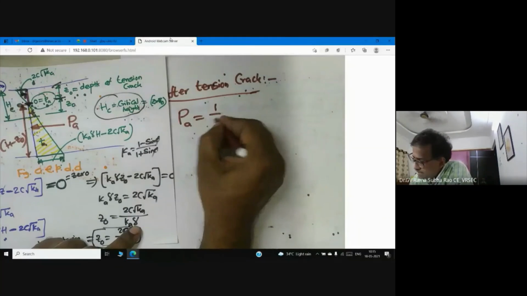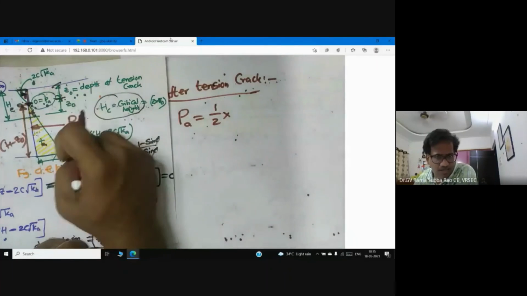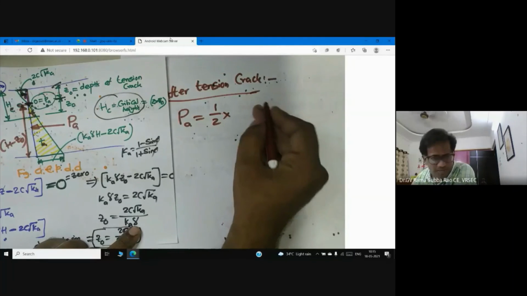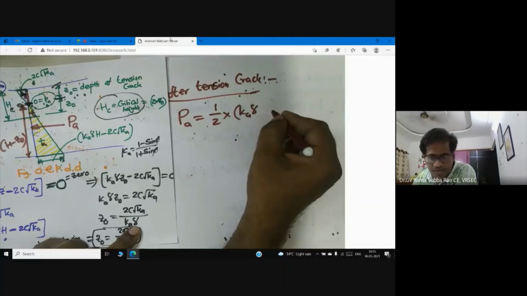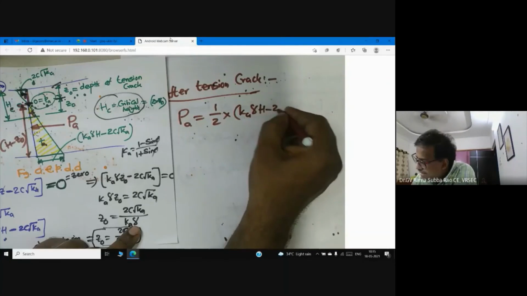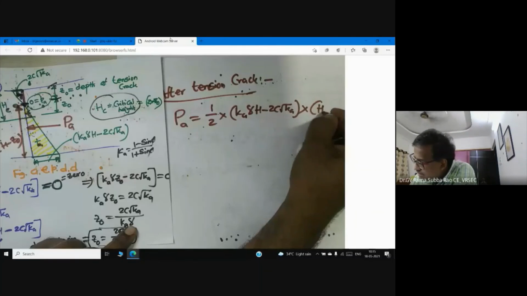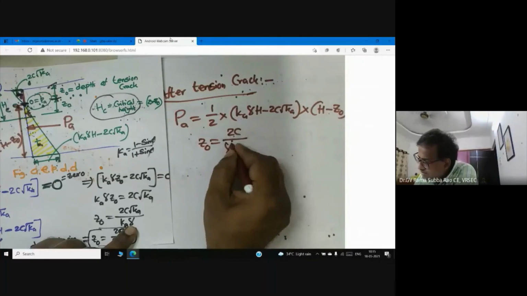This is a right angle triangle. The area of the right angle triangle is half of base into height. Now base is Ka gamma h minus 2c root Ka, into h minus Z0. What is Z0? Z0 is equal to 2c by gamma root K.